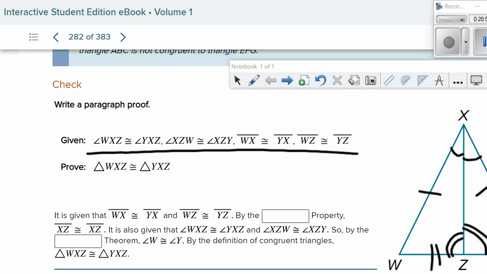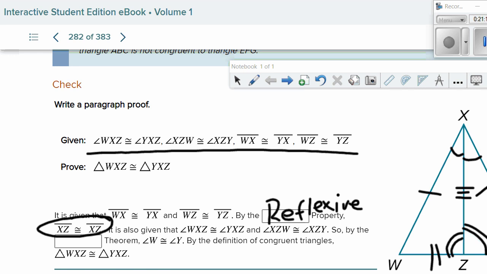In this case, I can say that the XZ right here is equal to XZ, itself, so that's the reflexive property. Something's equal to itself. This piece right here is part of both triangles, so I can say that they're equal.